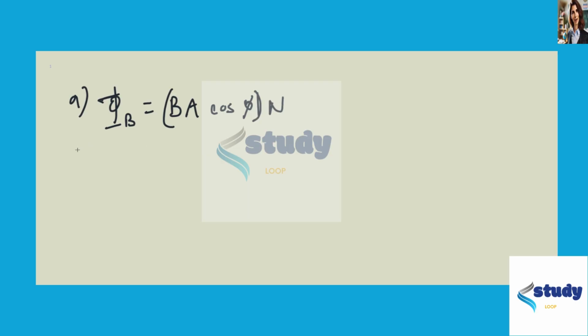So total magnetic flux before, phi sub B comma i, denoting initial, is equal to n B A cosine phi.